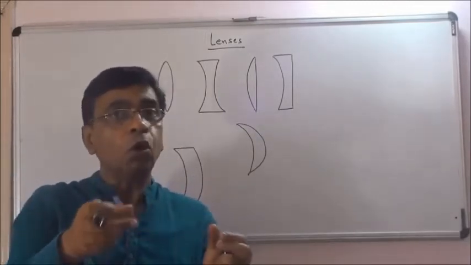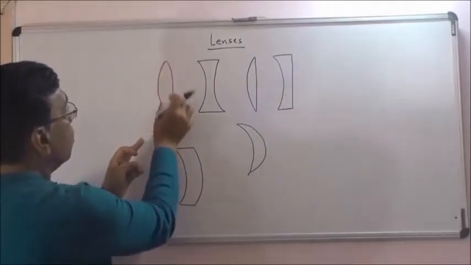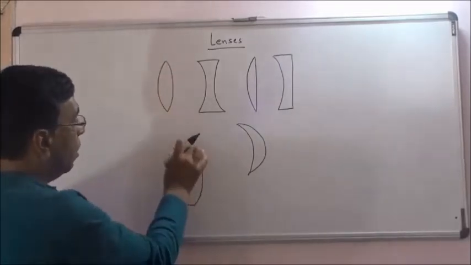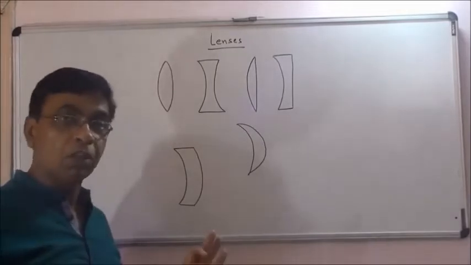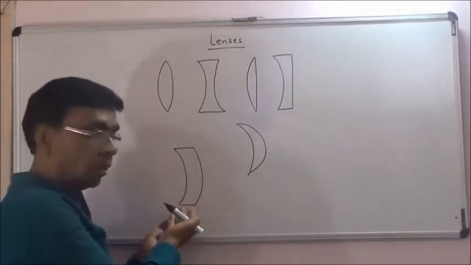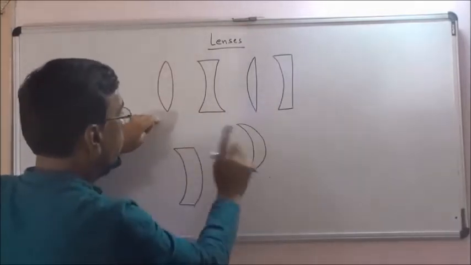So it is not a lens. For lens, the thickness should not be uniform. Simple way to keep in mind. This is a glass plate with zero power and infinite focal length. Our sunglasses are like this only. Okay, so this is lens, and same way all these are lenses.